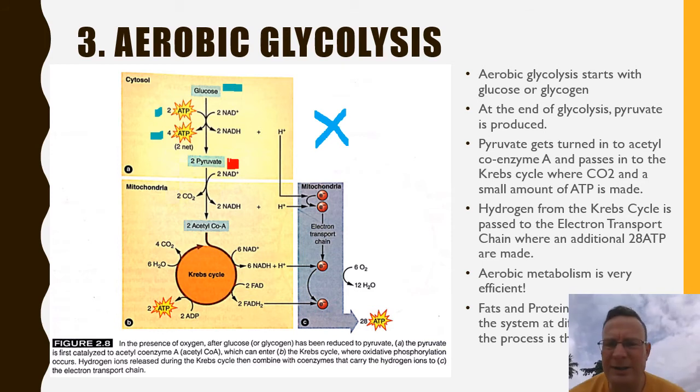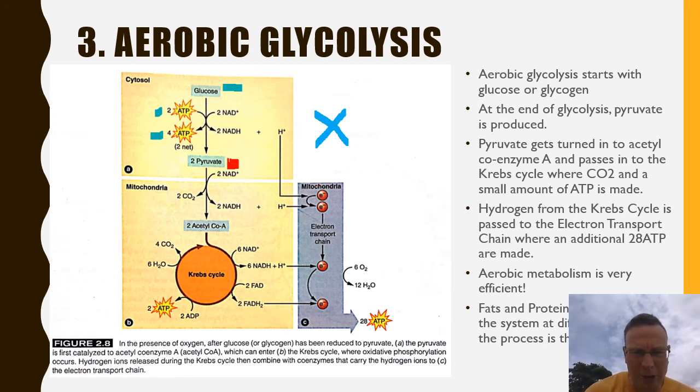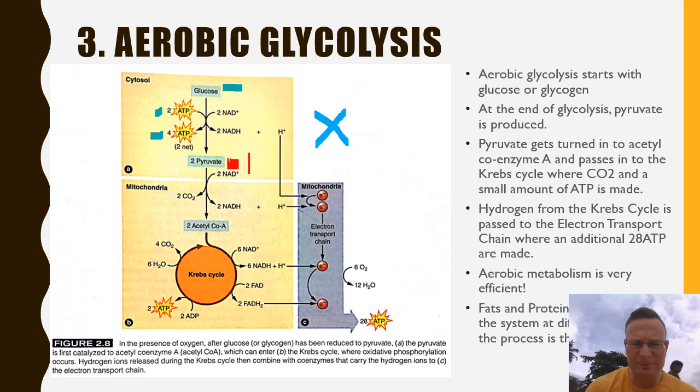So on the right hand side, aerobic glycolysis starts with glucose or glycogen. At the end of glycolysis, pyruvate is produced. Now, I'm going to put a 1 next to that pyruvate. So pyruvate has been produced.